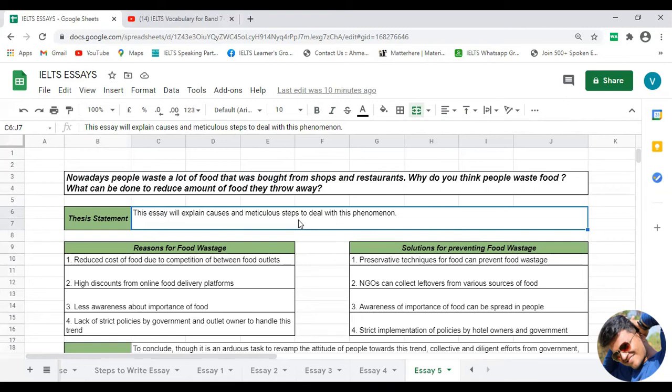It means in that single statement, you have already told your examiner that my essay will explain the reasons and the solution of the problem relevant to food wastage. In that way, you can communicate your thesis statement to your examiner. So this is what we can write for our introduction paragraph. Now let's see by using this concept how we can develop our introduction paragraph for this particular statement.